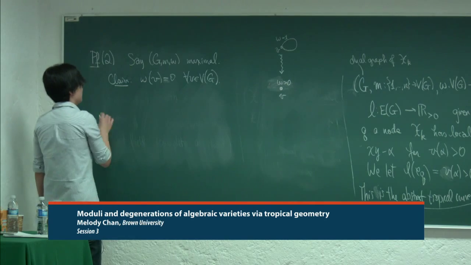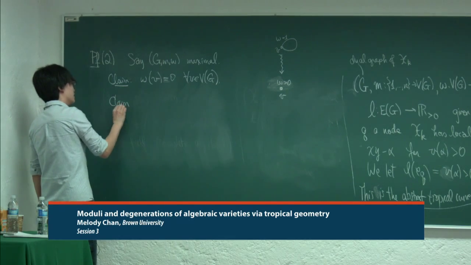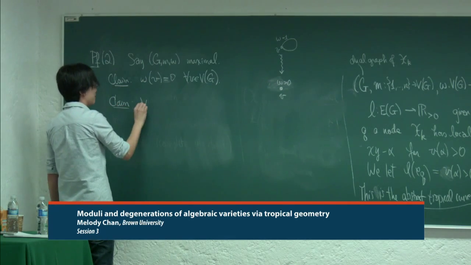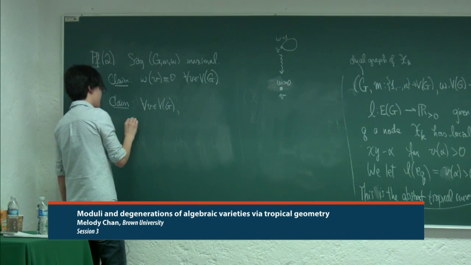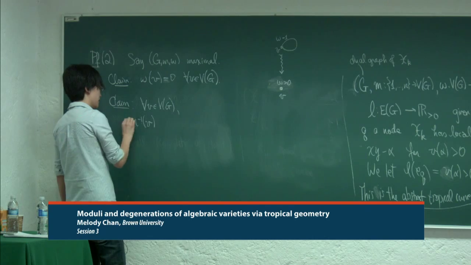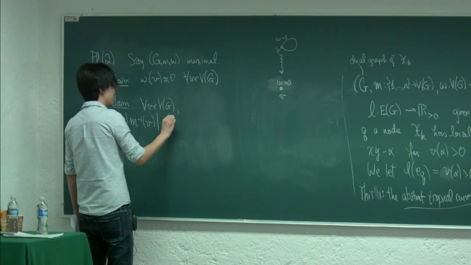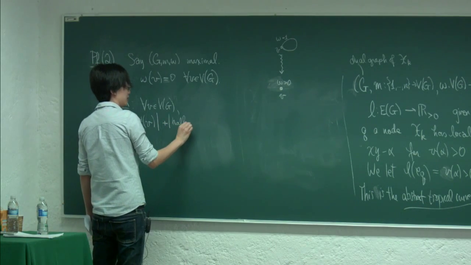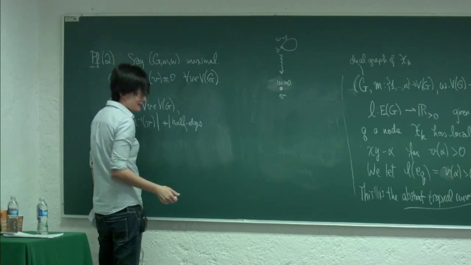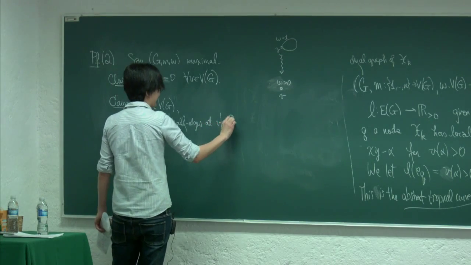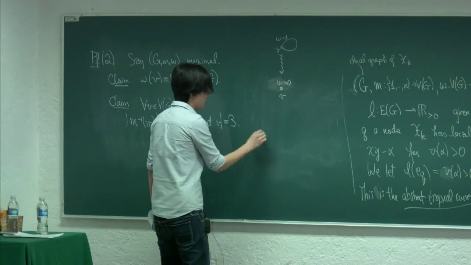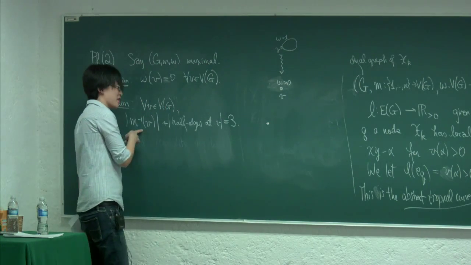Next we claim that for every vertex, the number of markings plus the number of half edges, in other words, the number of ends of edges incident to V, is exactly 3. There's a reason I've been drawing the markings as half edges.